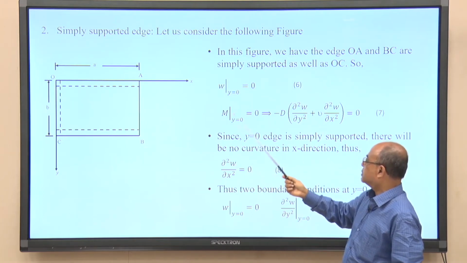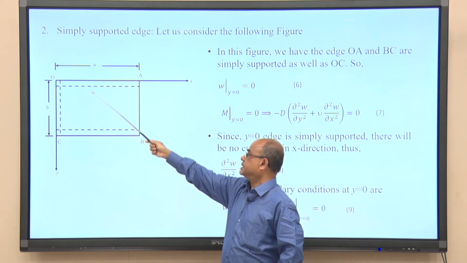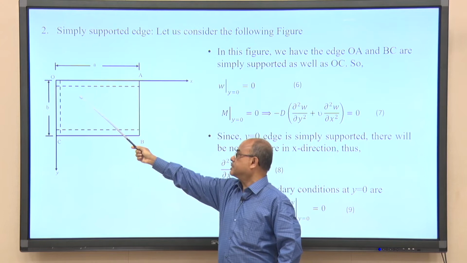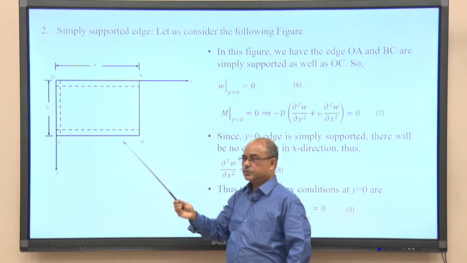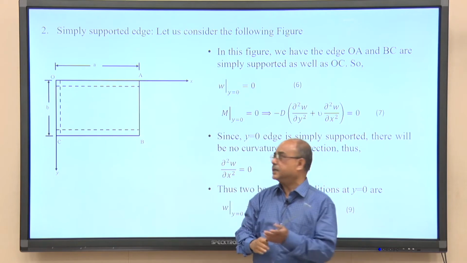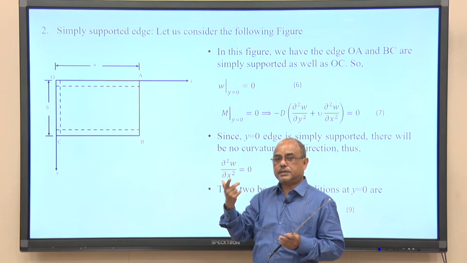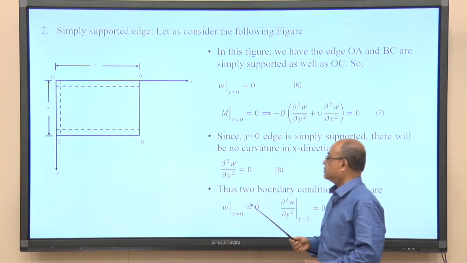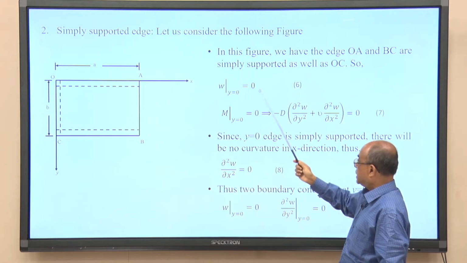Then the second condition, bending moment along the y direction. Since this is simply supported along the y axis, the slope at y is equal to A along the y axis cannot vanish. So, the bending moment curvature exists and therefore, bending moment is 0.